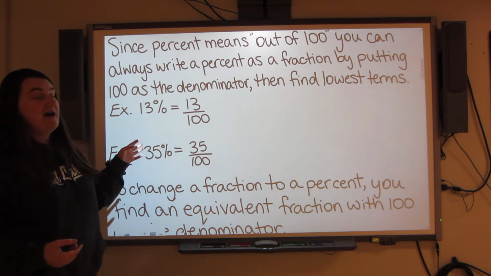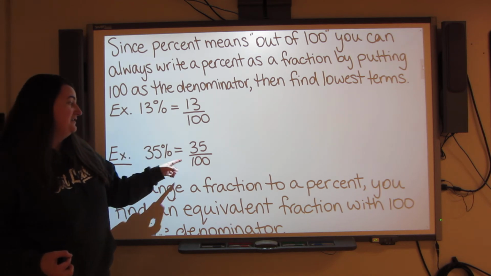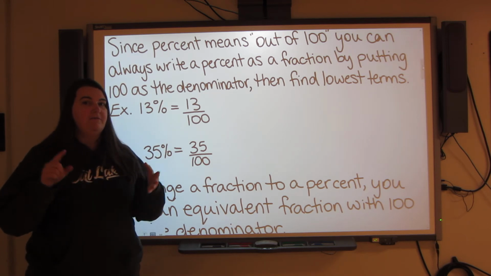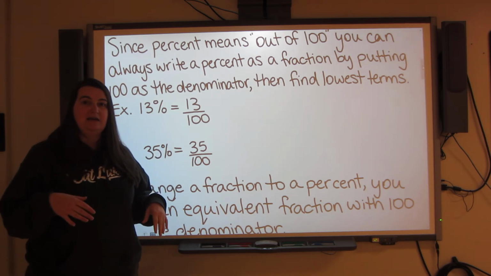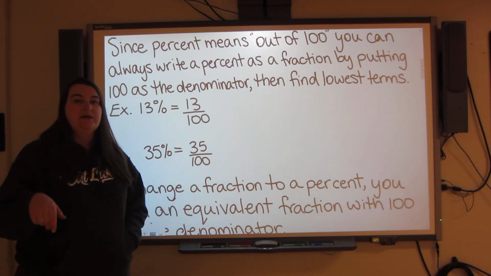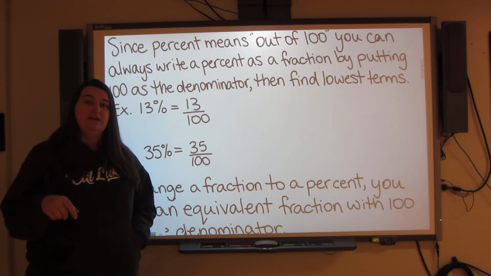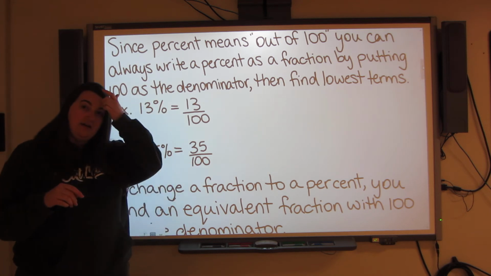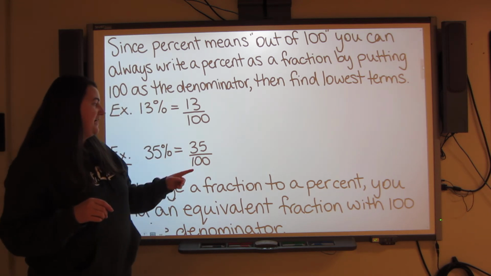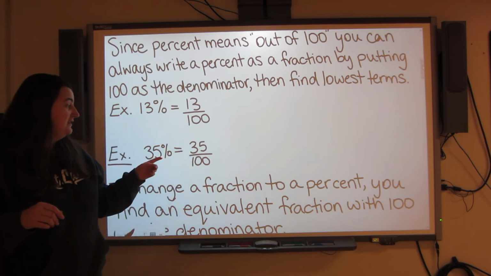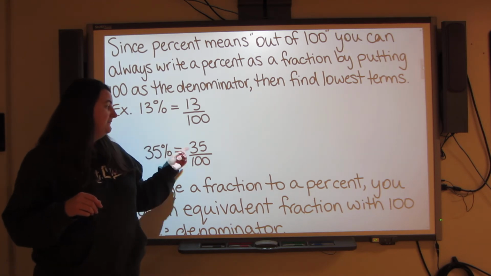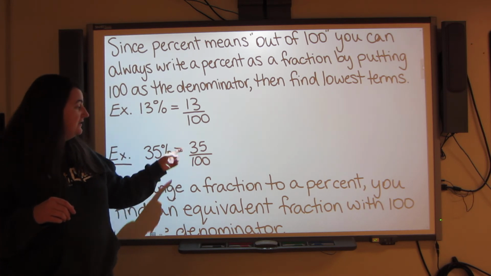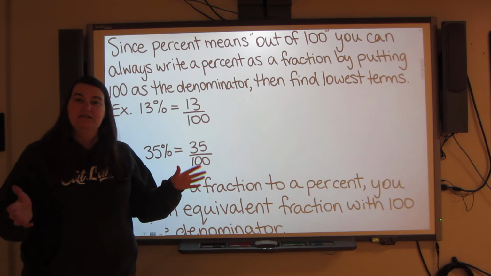If you look at those math facts that you just wrote down, you know that you can divide 100 by 1, 2, 4, 5, 8, 10, 12.5, 20, 25, 50, and 100. Of all those things that I can divide into 100, what can I also divide into 35? 35 I can divide by 1, 5, 7, and 35. So the only number they have that's the same is 5.